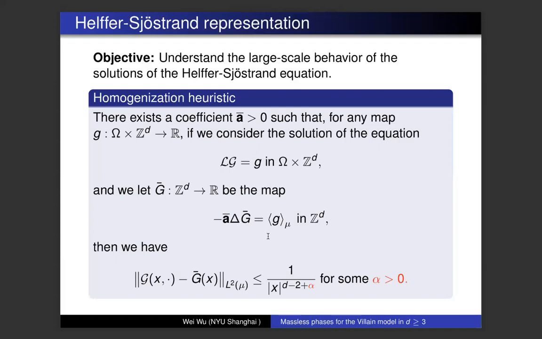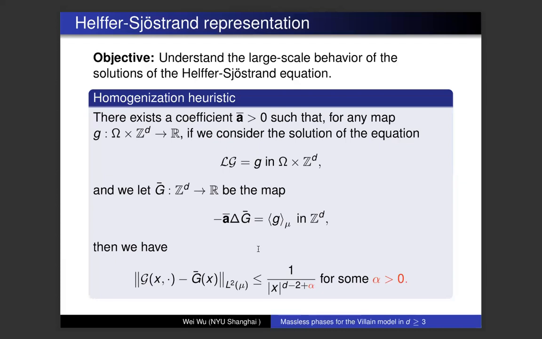And in particular, we know that for this constant coefficient harmonic equation, the solution is proportional to the ordinary Green's function, which in dimension 3 and higher is like 1 over x to the d minus 2, right?